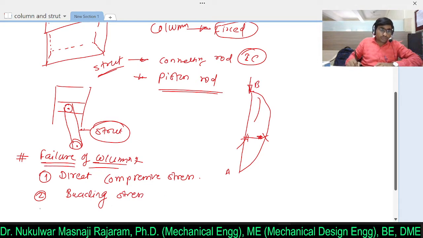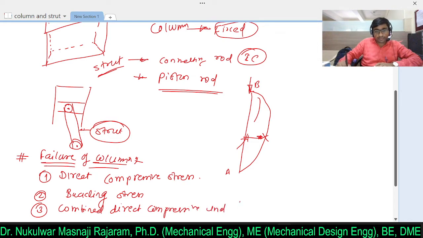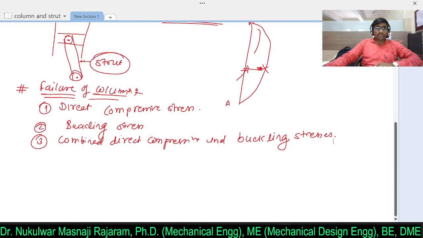So because of these two, failure of a column may occur, or we can say combined direct compressive and buckling stresses. Clear?